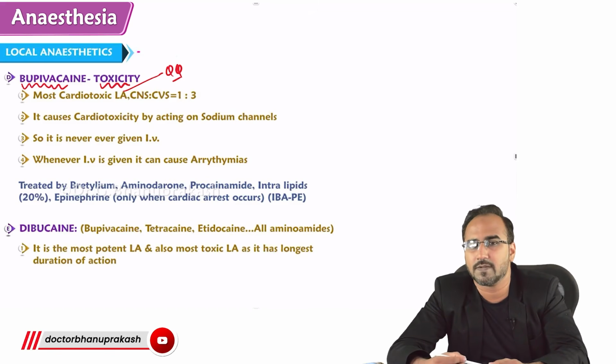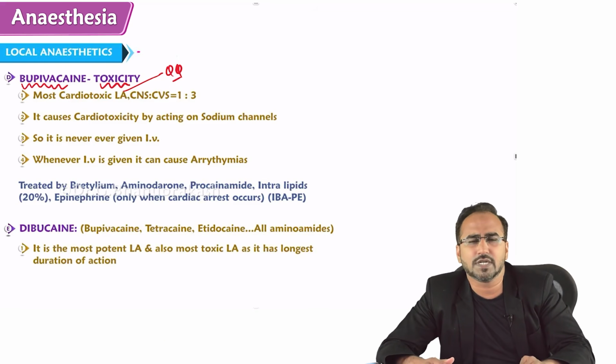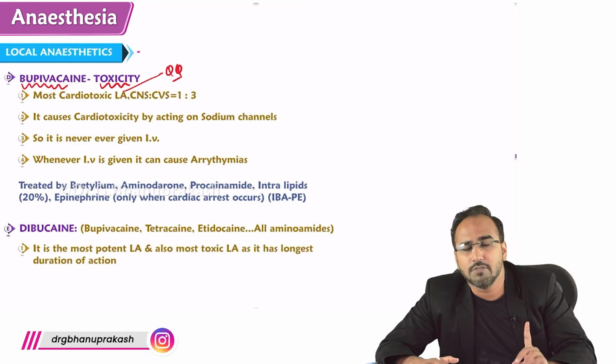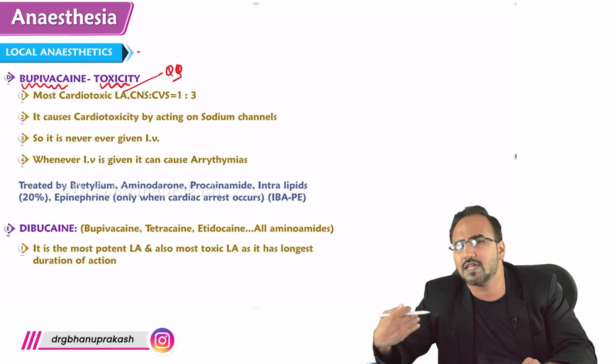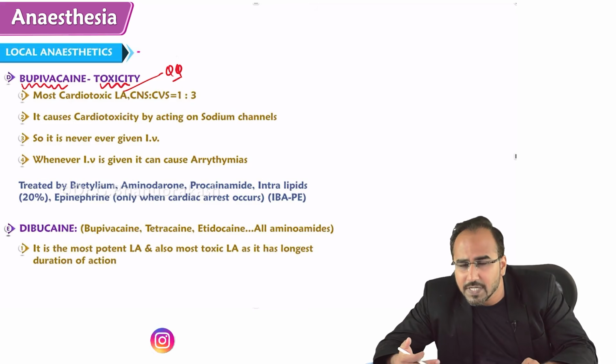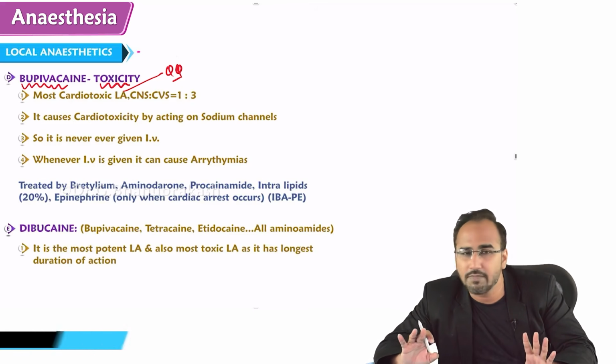Cardiotoxic effects of Bupivacaine. How will you manage Bupivacaine-induced toxicity, guys? Lignocaine-induced toxicity, we know. Bupivacaine-induced toxicity, how will you manage? If the patient is developing arrhythmias, give anti-arrhythmic drugs, amiodarone, procainamide. Okay? If the patient develops cardiac arrest, give CPR and adrenaline. But that's not the main management.